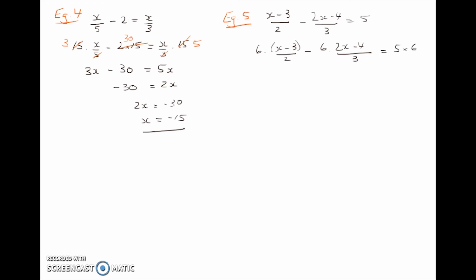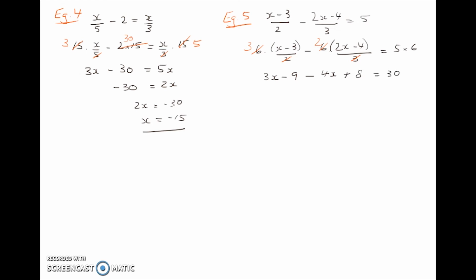So now we're going to see that the 6 can cancel with the 2, leaving us with 3. The 6 can cancel with the 3, leaving us with 2. Now we can expand the left-hand side, paying careful attention to negatives and positives. We're left with 3x minus 9, and then minus 4x plus 8 on the left-hand side, and that's equal to 30 on the right.